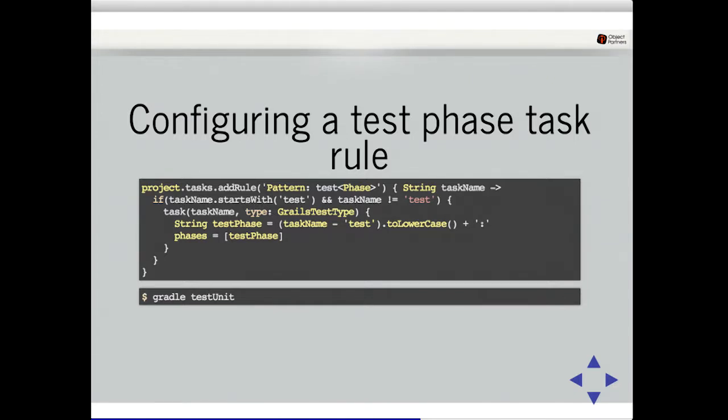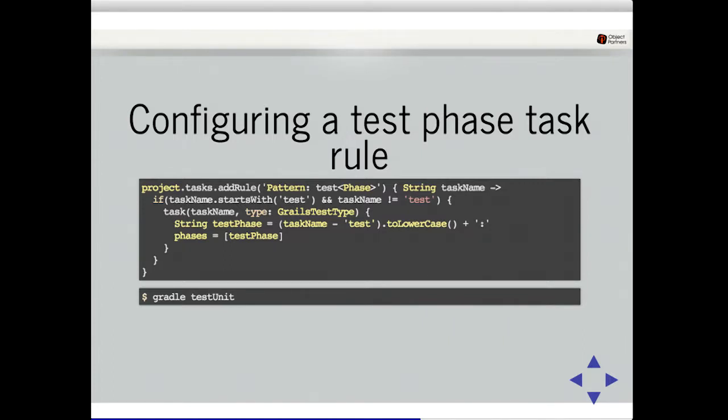Like if you have a lot of unit or integration tests and you want to run them as two separate tasks, you can configure them to put the test results in different directories. Because Grails by default deletes your test results when you run a test app. So if you change the phase and run tests again, if you had already run unit, it'll delete all those tests, and then you won't have those results anymore in your build.